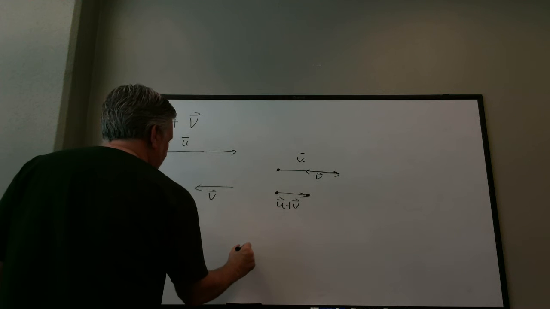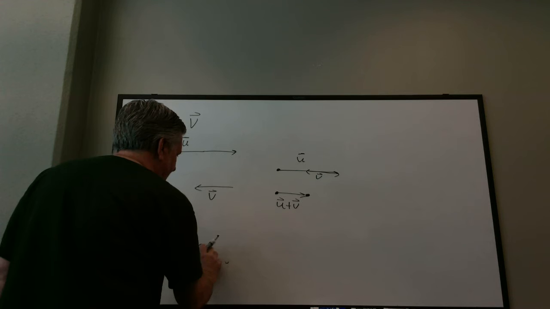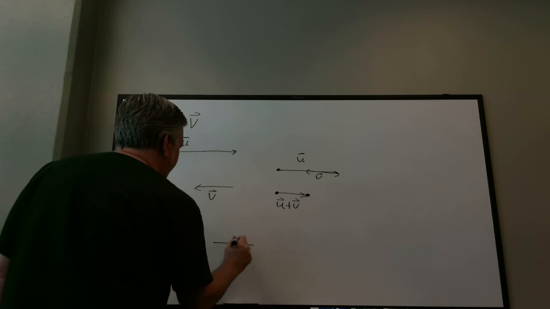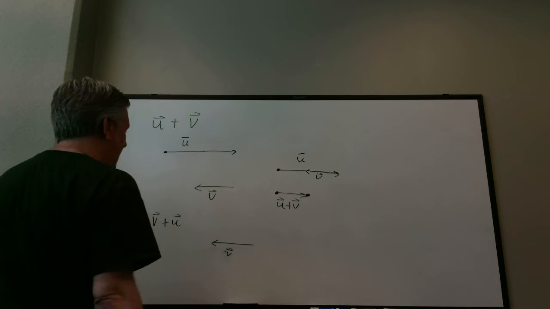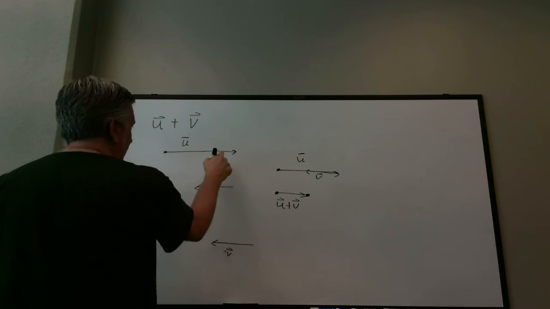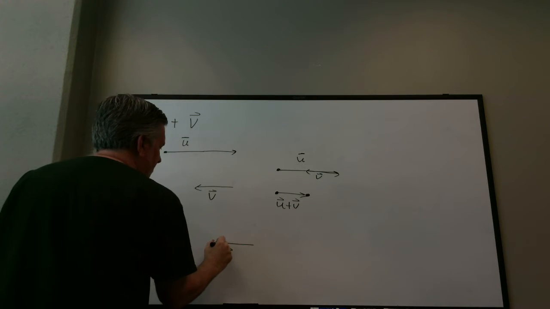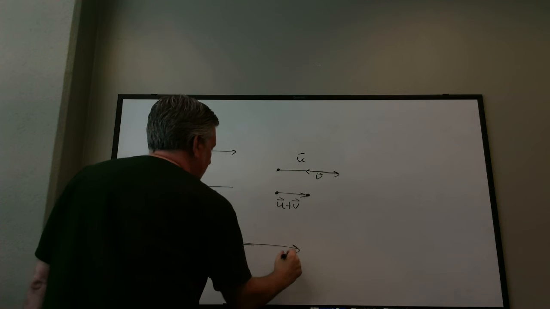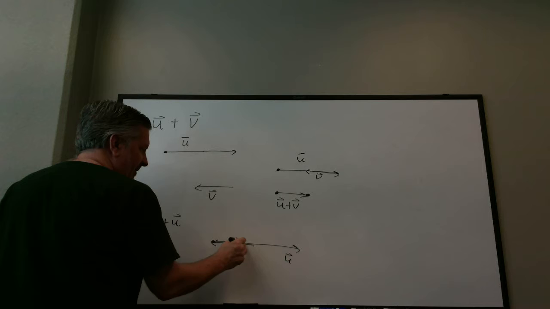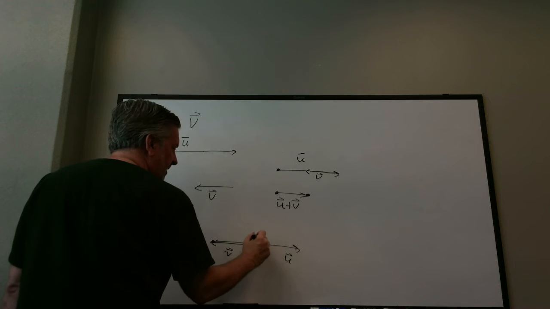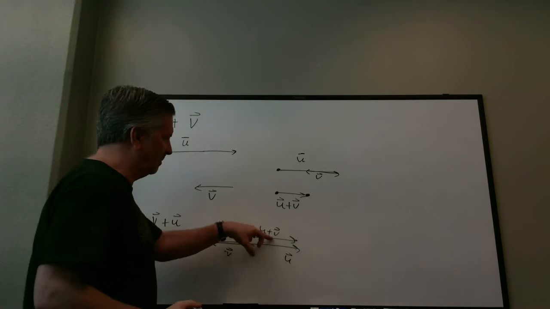If I did v first, and then I did u, placing the initial point of u at the terminal point of v, so u is this way. Notice I started here and stopped here, and there's u plus v. I made this one too long, but they're the same.